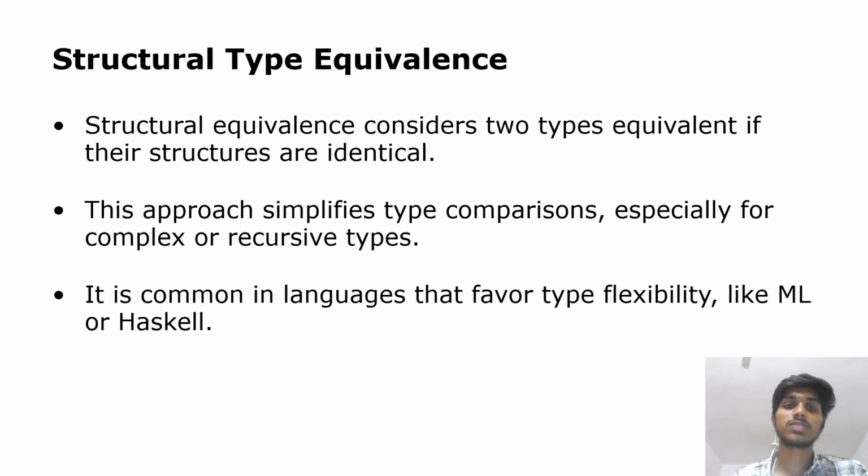Now, structural type equivalence. Structural equivalence considers two types equivalent if their structures are identical. This approach simplifies type comparisons, especially for complex or recursive types. It is common in languages that favor type flexibility, like ML or Haskell.